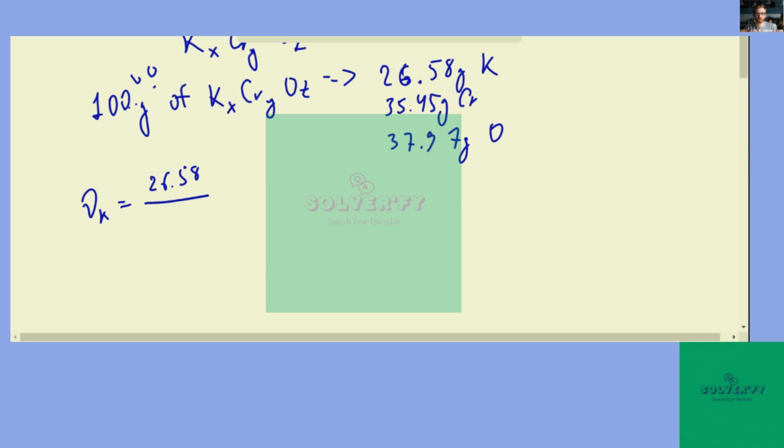It equals 39.10. The number of moles of chromium equals 35.45 grams over the molecular weight of chromium, which I have to find as well.